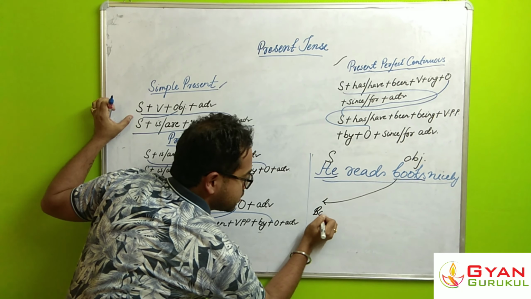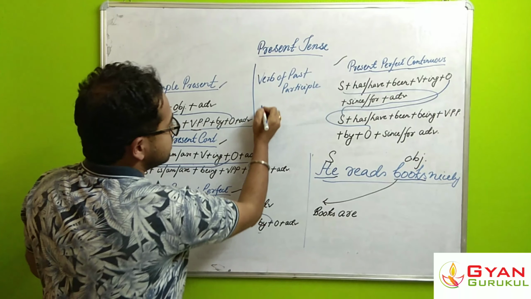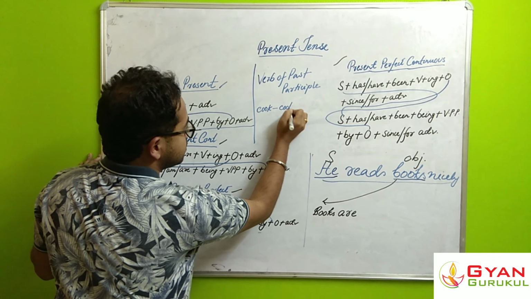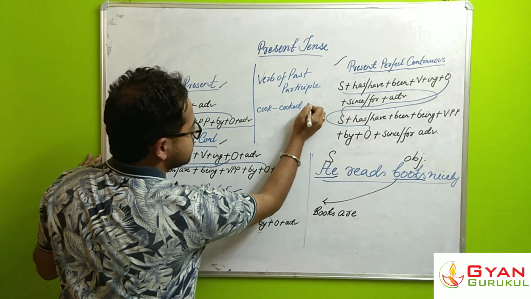Now what is VPP? I'll give you an example. VPP is a very small thing. VPP means verb of past participle. When I say verb of past participle, suppose a verb is cook, it becomes cooked, cooked.